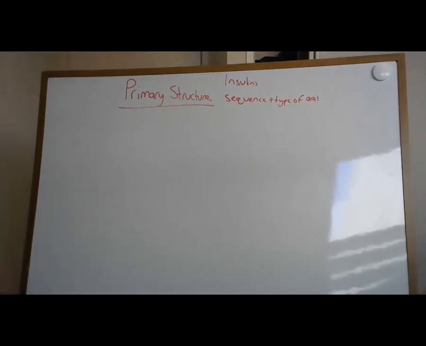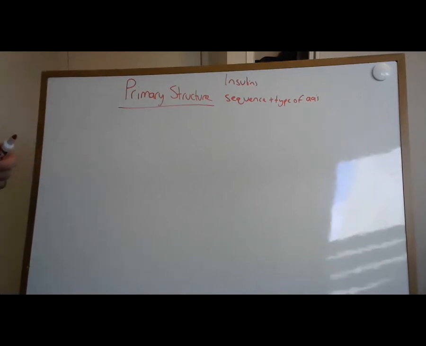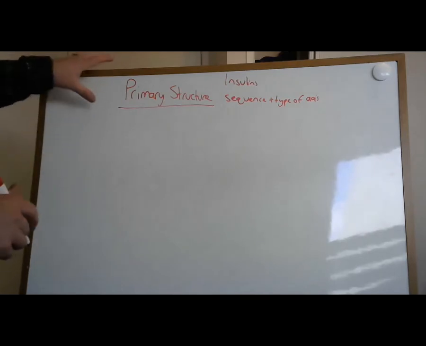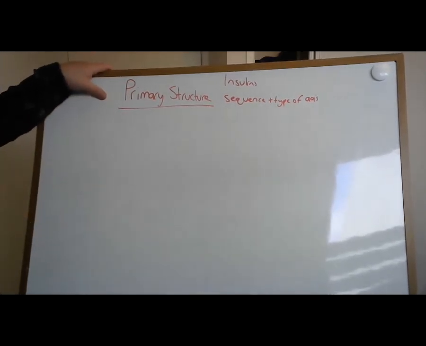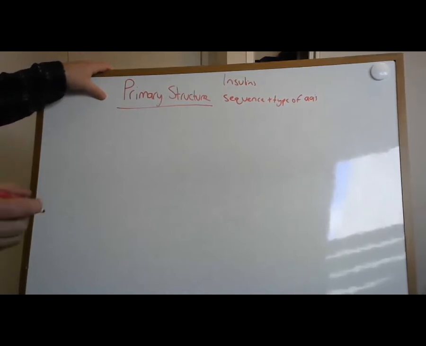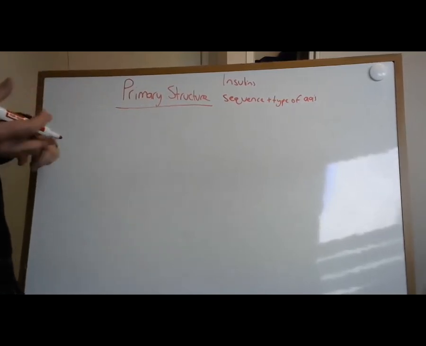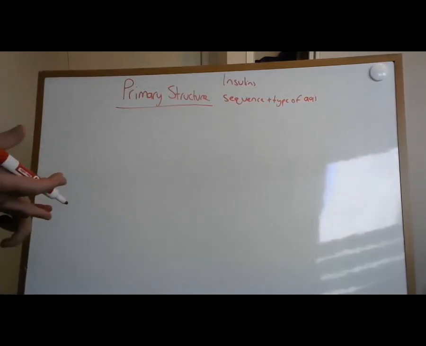So this is what we call the primary structure. And I've skipped ahead a slide because I'll wait till the end to show you that. So the primary structure is the very base level of the structure of the protein. So it's the number of amino acids, the type, and the sequence of the subunits or the monomers.